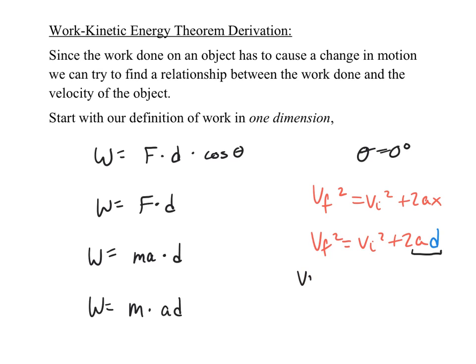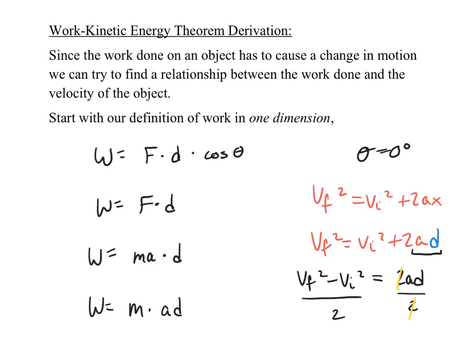Subtracting VI squared from both sides first gives me this. When I want to move a whole term over, I just switch the sign. So put a negative sign for the VI squared now. How do I get rid of the 2? By what operation? Division. Cancel my 2's, please, on the right-hand side. And there's AD.